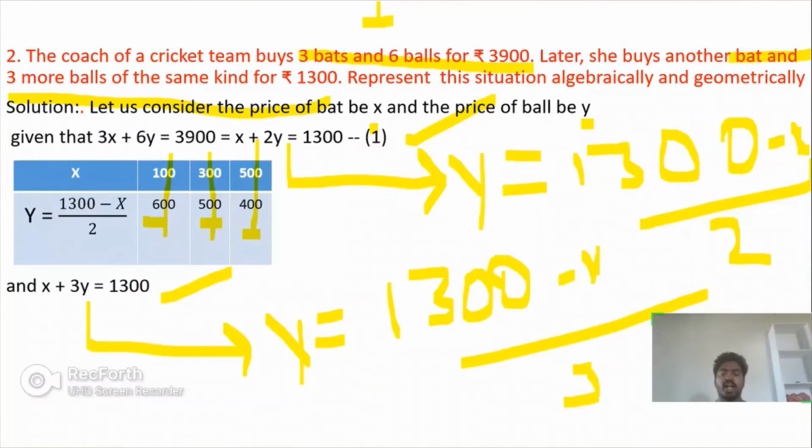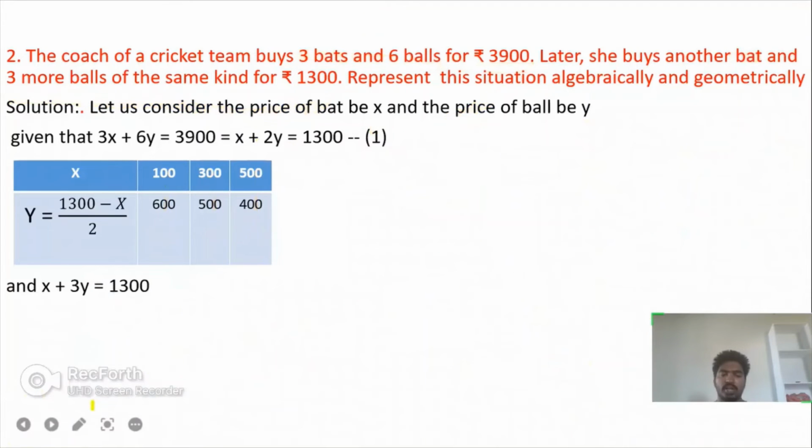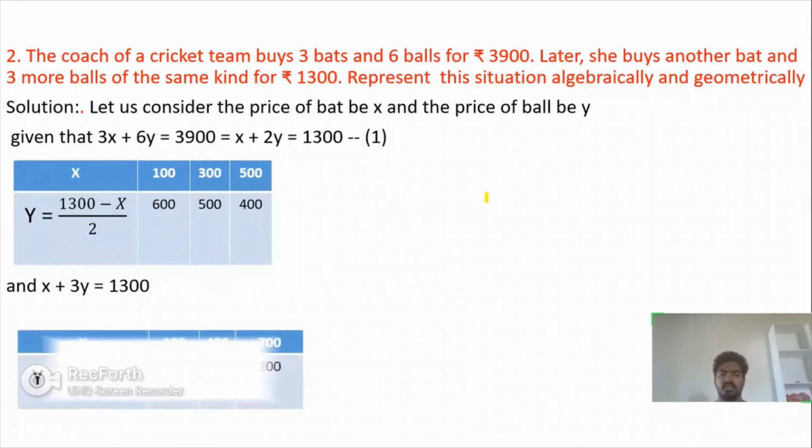Okay, so again I want to frame a table for what values of x give what corresponding values of y. From the table we get the points, and by using these points we want to plot these two line equations in a single graph in order to see the relationship between these two line equations.